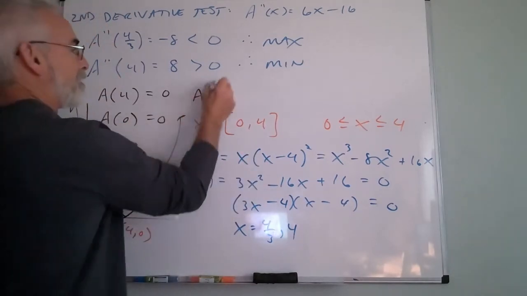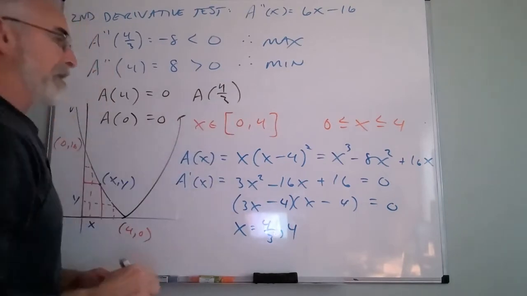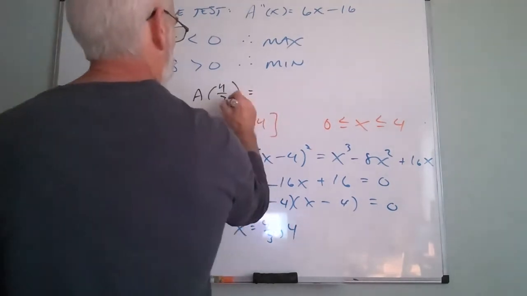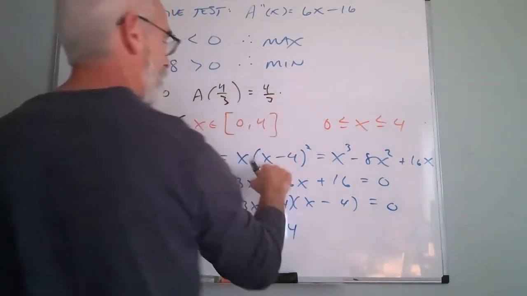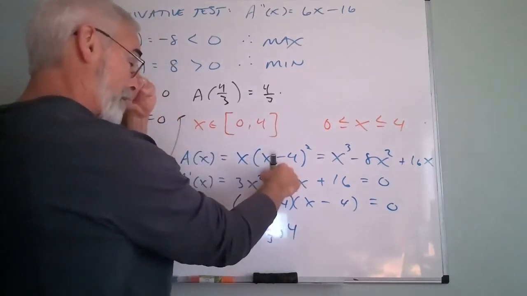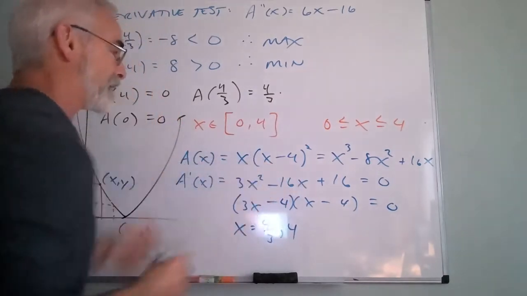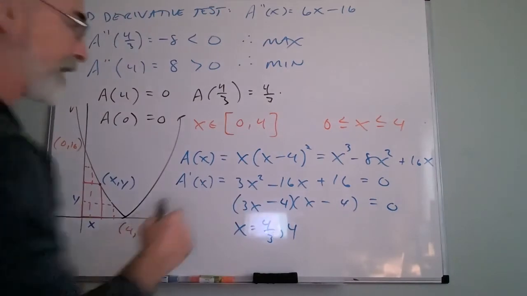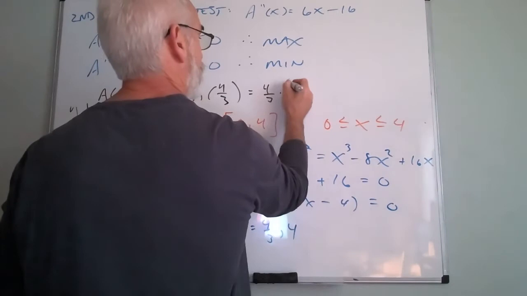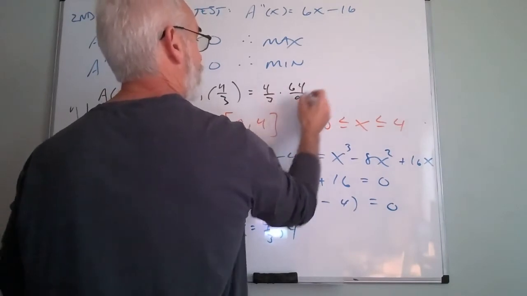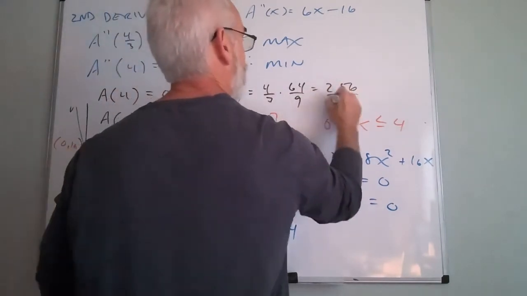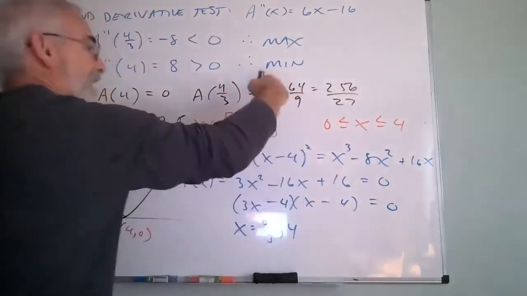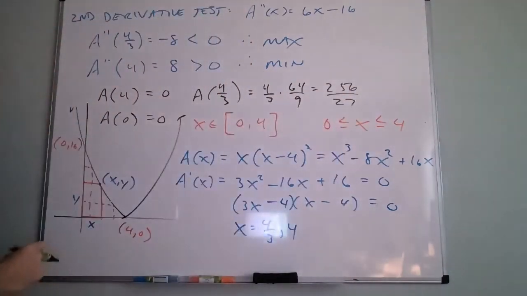If I said A of 4/3, well, that would be 4/3 times (4/3 minus 4) squared. What's 4/3 minus 4? That would be -8/3, but I'm squaring it, so 64/9. So 256/27. That's going to be my maximum area.